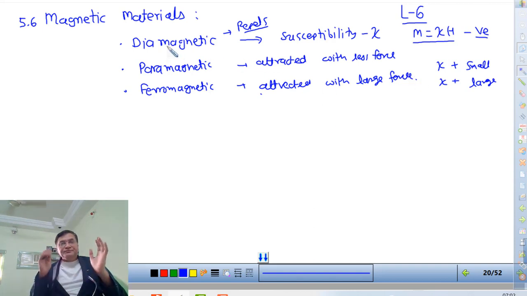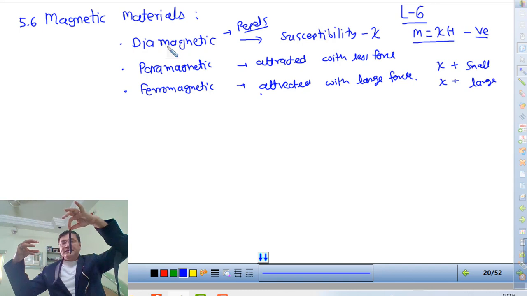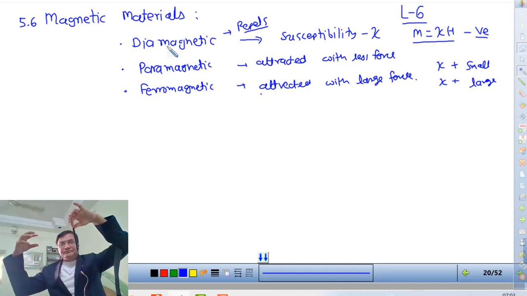So suppose we have this material and I apply the magnetic field from this side. If it goes away, because on that side the field is less, and on this side the field is more, this must be diamagnetic.